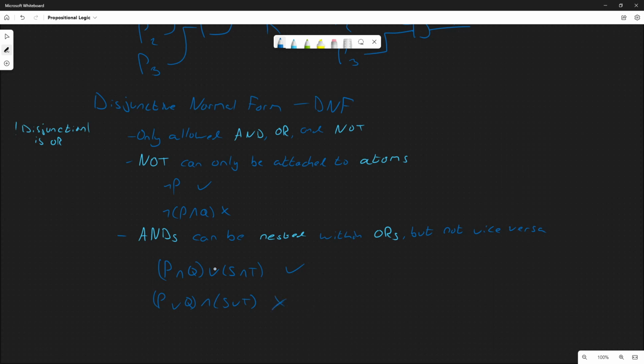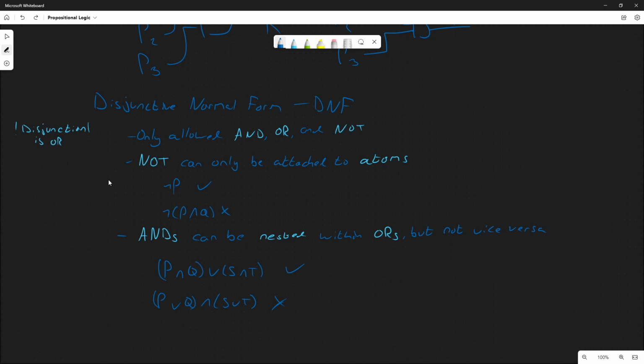It must be in the form of ORs, and disjunctions are used to connect multiple conjunctions together, but not vice versa. So these nested bracketed sections must always be conjunctions, they cannot be disjunctions.